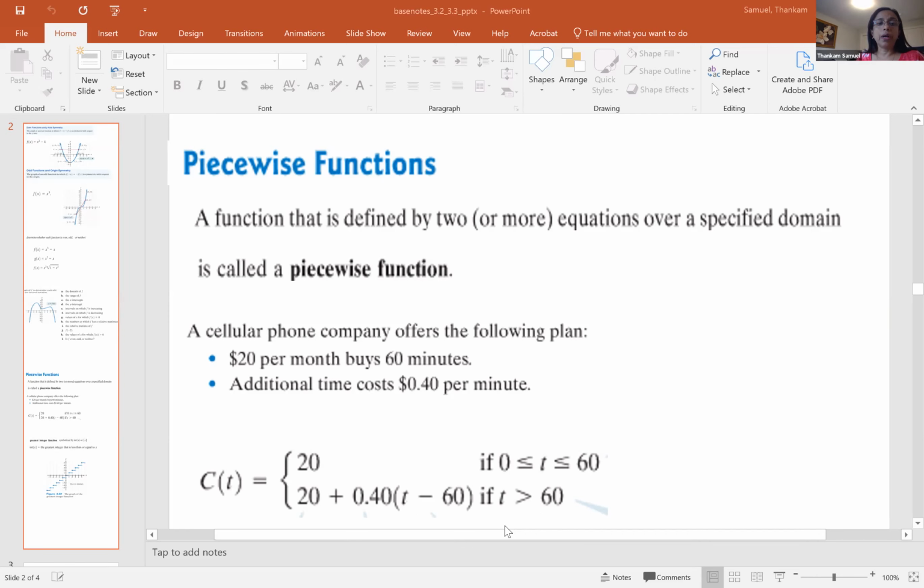Let's look at an example for a piecewise function. So let's consider the function f of x equals 4x minus 4 if x is less than or equal to 1.